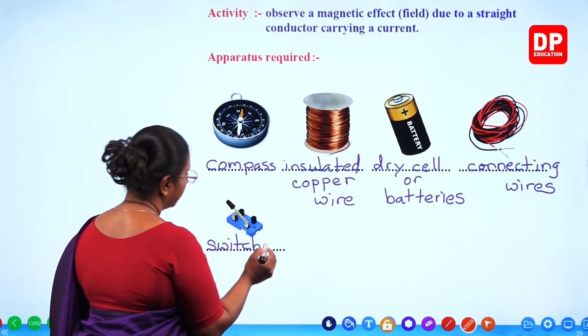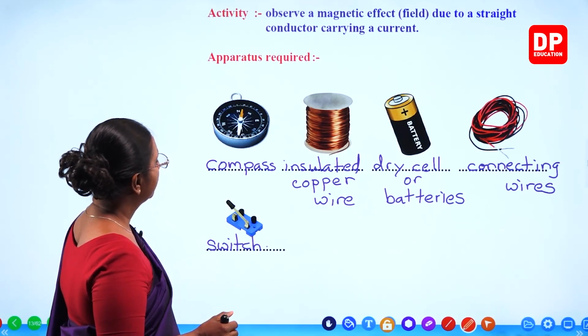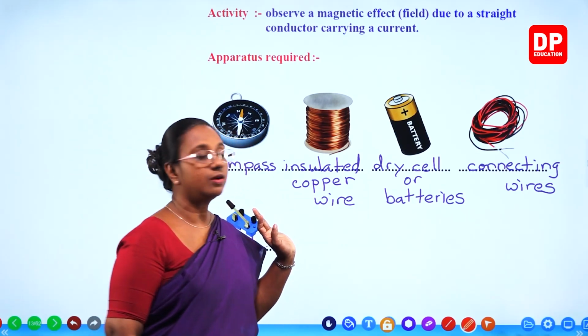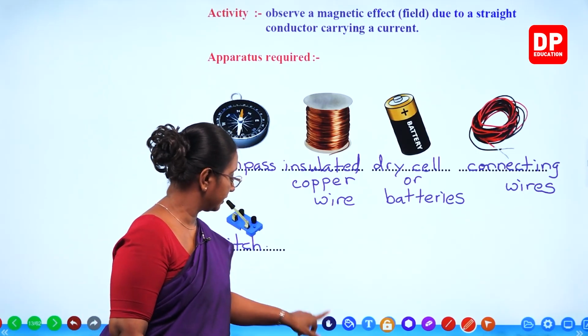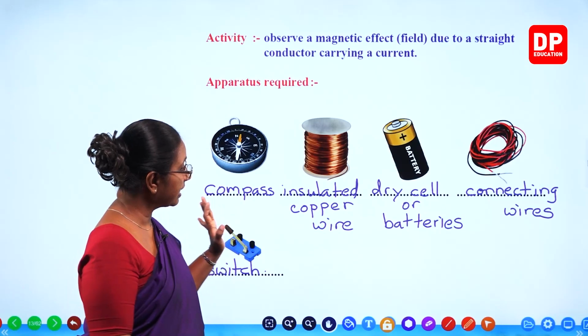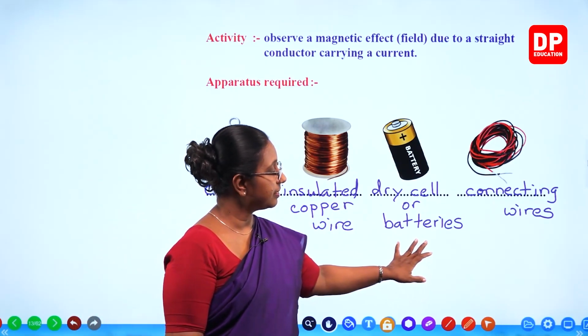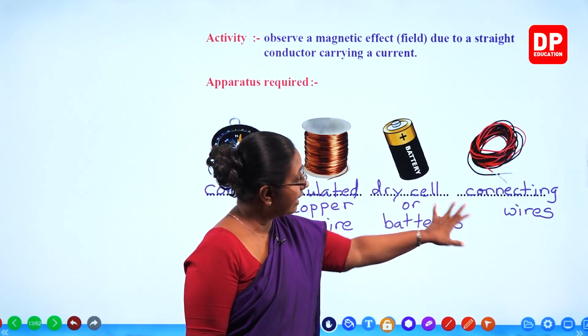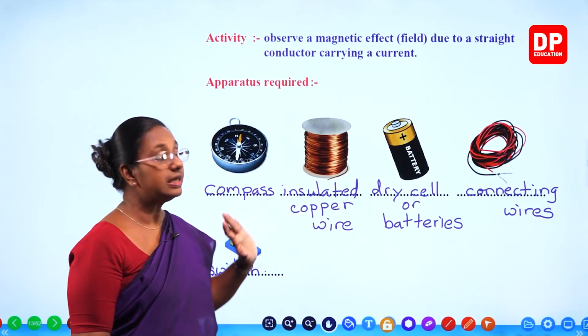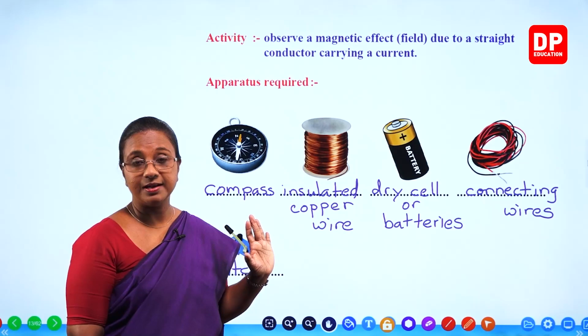What we will do is, we will use this insulated copper wire as our conductor, the battery as the power source, and the connecting wires to connect the battery, the switch, and the insulated copper wire.